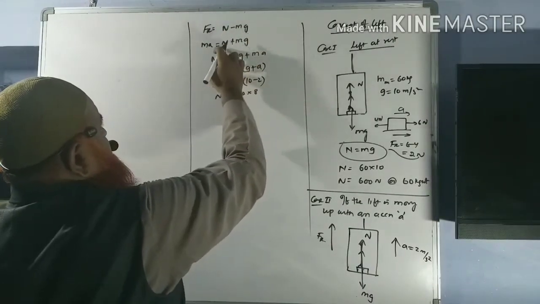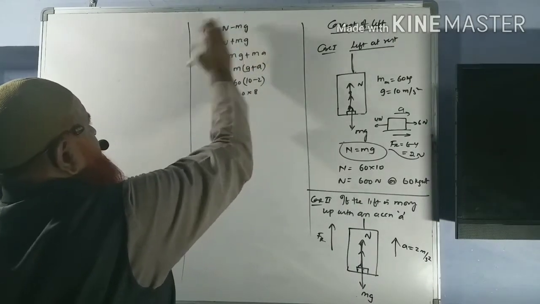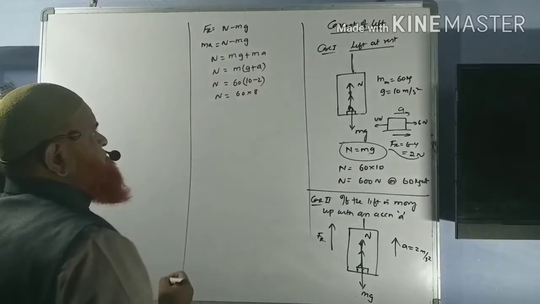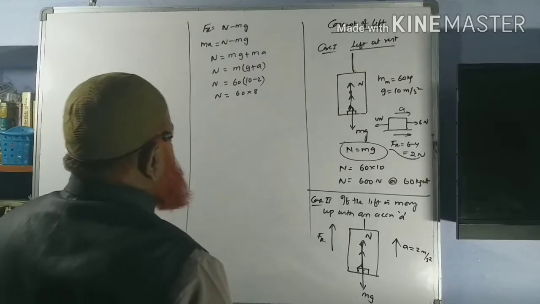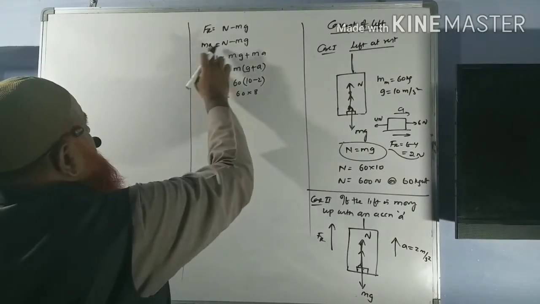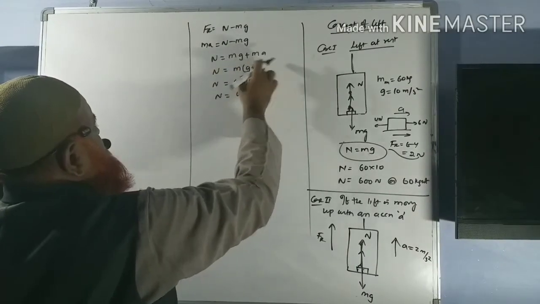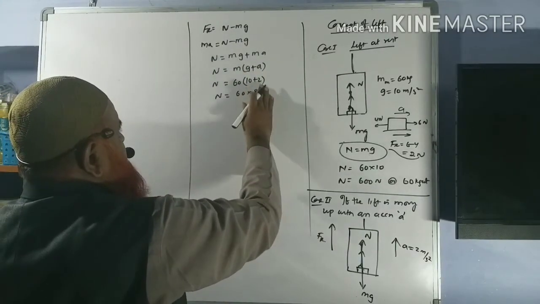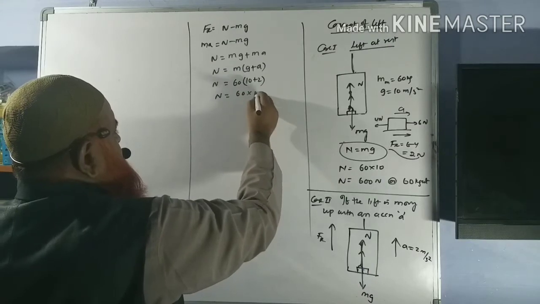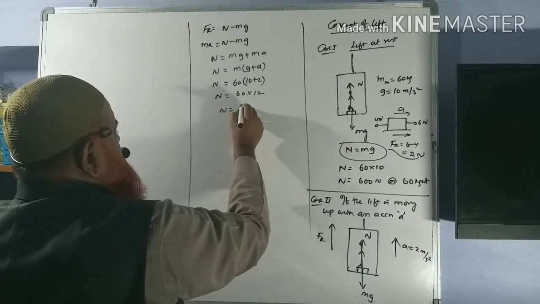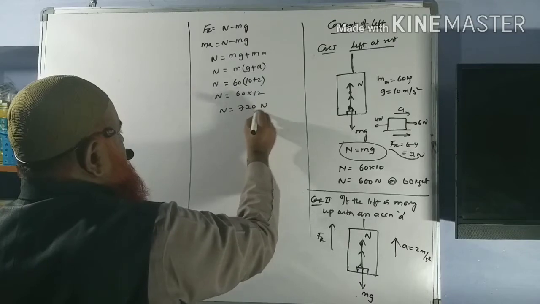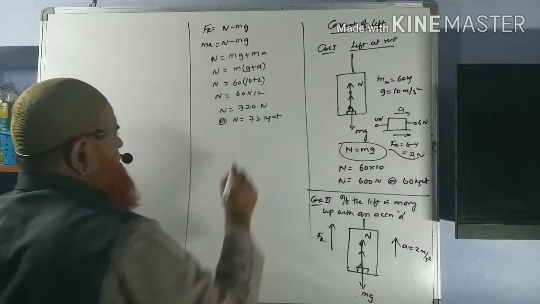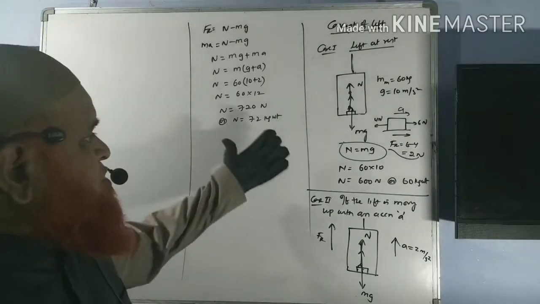If this is N, mg is transferred to the right side now. So N is equal to mg plus ma, therefore N equal to m into g plus a. Therefore here we get plus. Therefore 60 into 12, that is N equal to 720 newtons, or it can also be written as 72 kg weight.